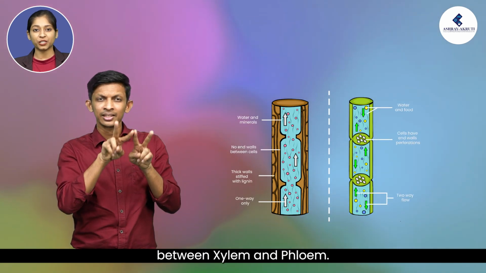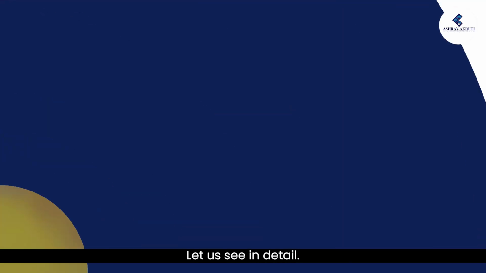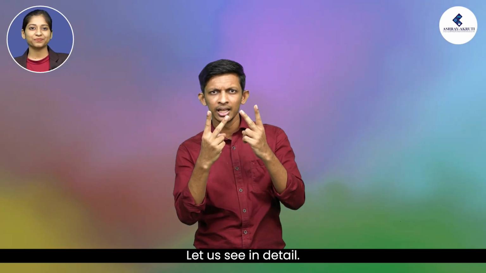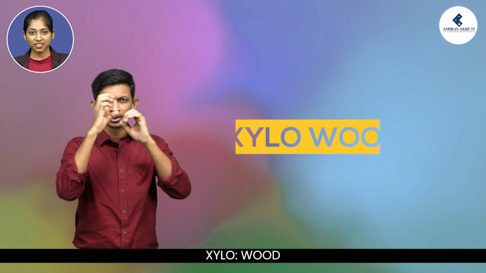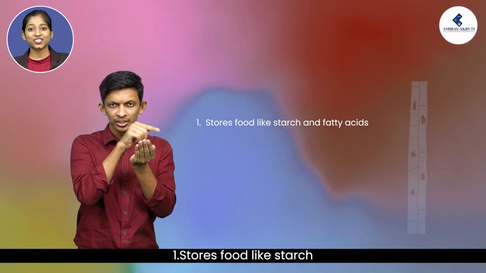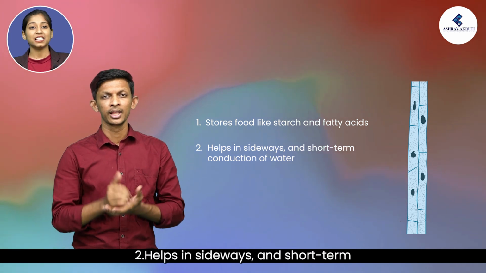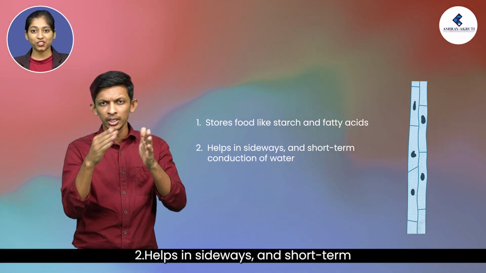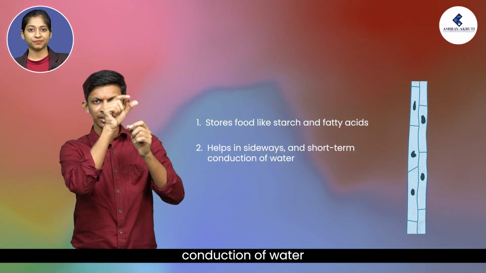Observe the difference between xylem and phloem. Let us see in detail. Xylem parenchyma. Xylem means wood. Stores food like starch and fatty acids. Helps in sideways and short-term conduction of water. Xylem tracheids.